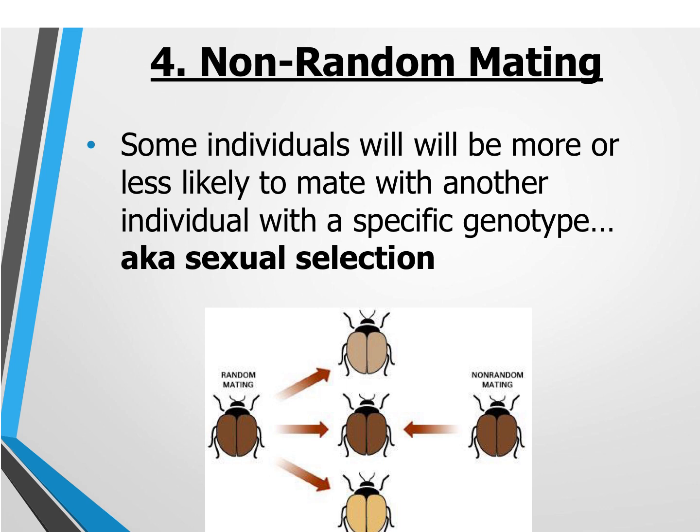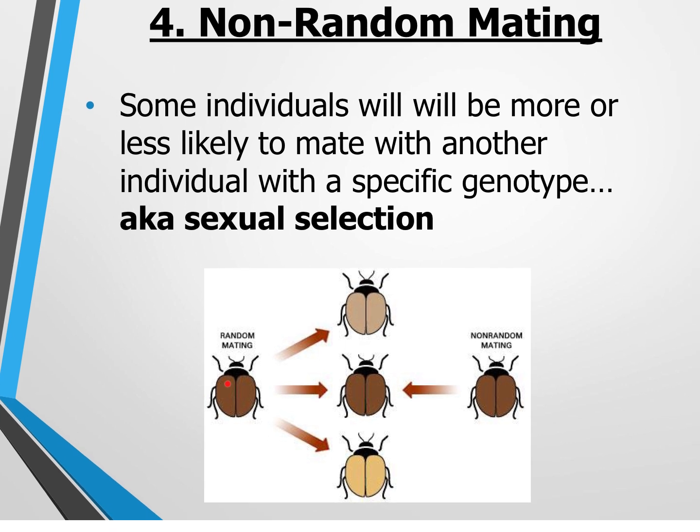Fourth is non-random mating. Non-random mating is when some individuals will be more or less likely to mate with another individual based on a specific genotype or phenotype. What this is really called is just sexual selection. Going back to the beetle example, if this dark brown beetle was going to randomly mate with the light brown, the dark brown, or the yellowish color, that would be random mating.